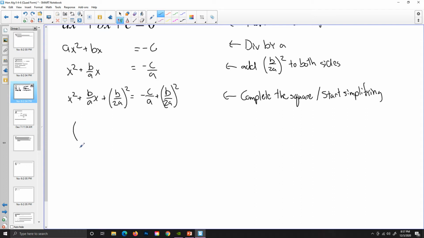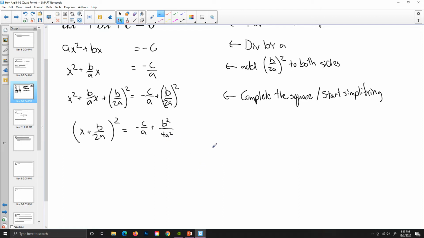And just like in the last lesson, that becomes x plus b over 2a, quantity squared. Then on the right-hand side, we're going to start simplifying. So I want to square this expression, and I'm going to square the top and the bottom. So I have negative c over a plus b times b, which is b squared, over 2a times 2a, which is 4a squared.